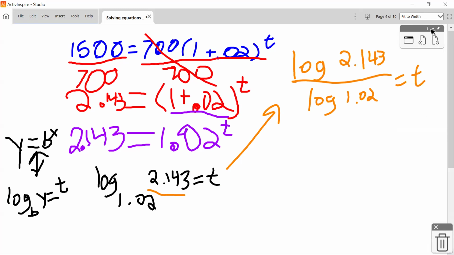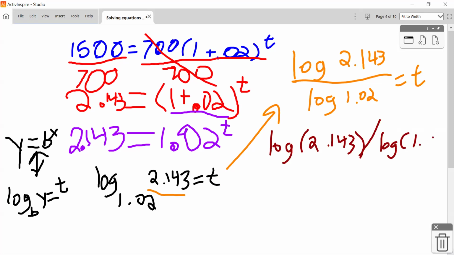Now, showing you how to punch this in the scientific calculator. Log 2.143 divided by log 1.02. That's what you would punch in, and you would get t is, I don't know off the top of my head.